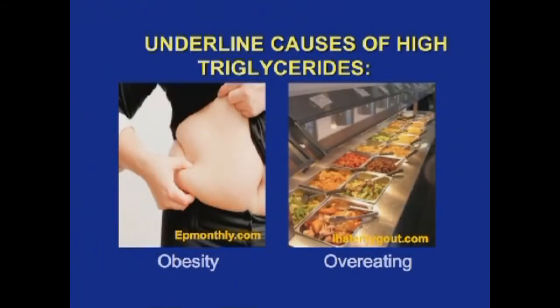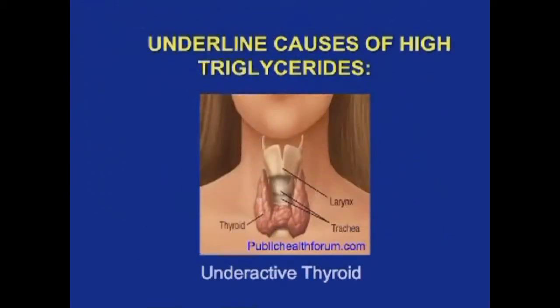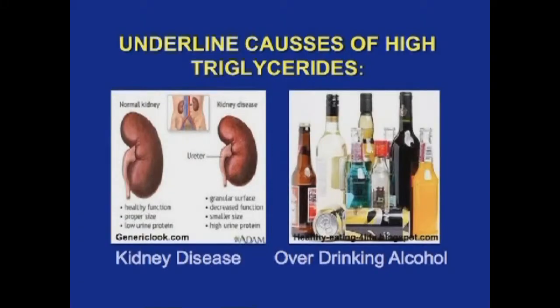For instance, people with renal failure, people with diabetes, uncontrolled diabetes, and people with hypoactive thyroid also have some problem. And people drinking a lot of alcohol also have high triglyceride, because alcohol acts on the liver to release more fatty acid into the system.